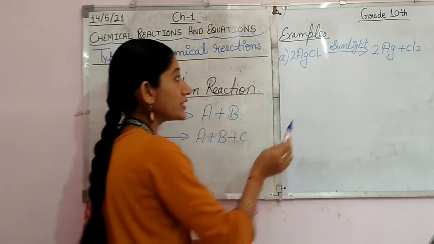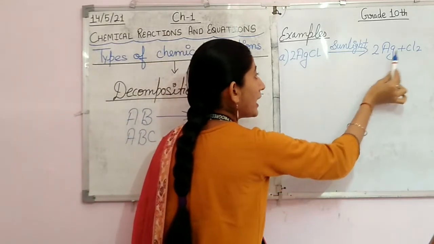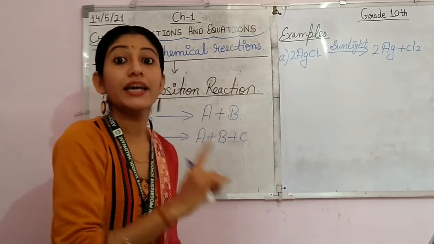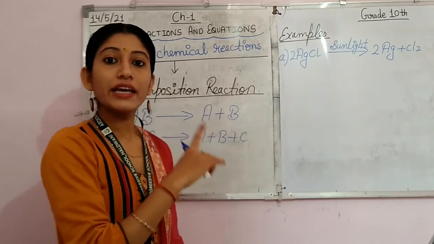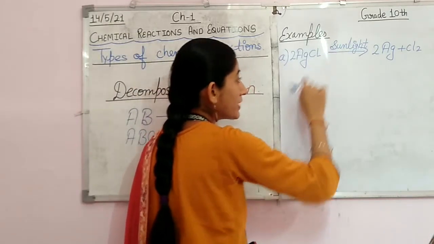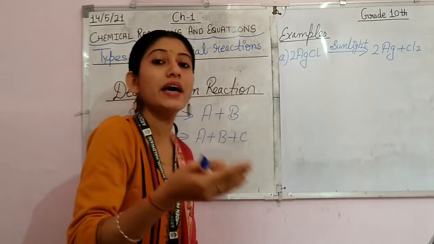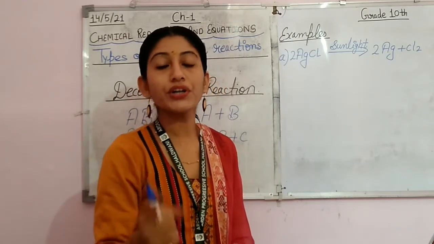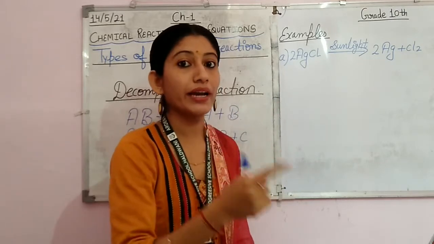Students, you can see that for carrying out this reaction I have provided sunlight. For this type of decomposition sunlight must be there, or in the presence of sunlight silver chloride breaks down into silver and chlorine.